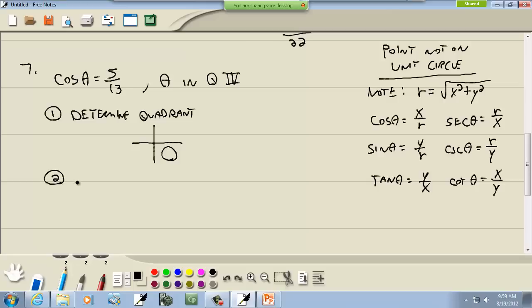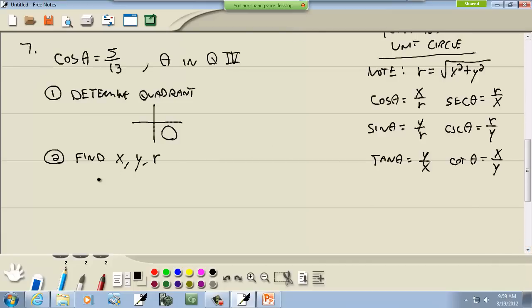Second thing, we're going to find x, y, and r. Well, in this problem, they tell us cosine theta is equal to 5 over 13. And remember, cosine is x over r. So, x is equal to 5, and r is equal to 13.